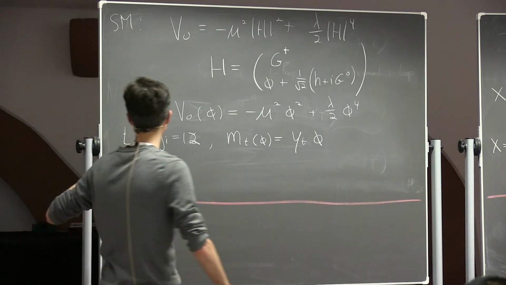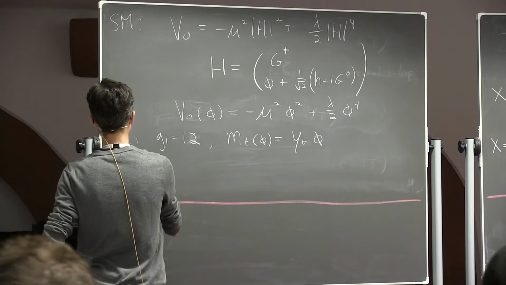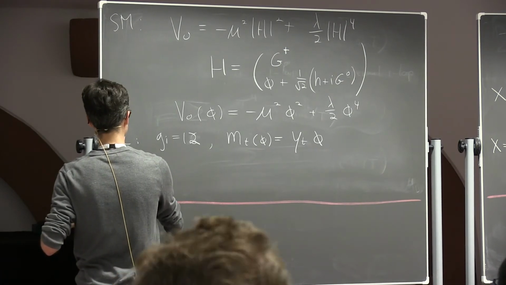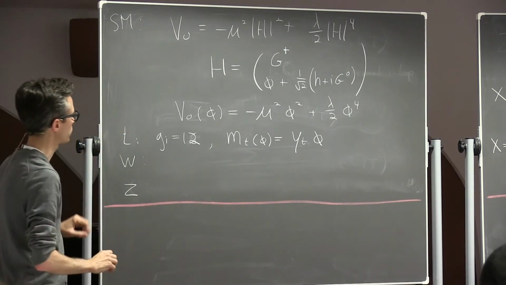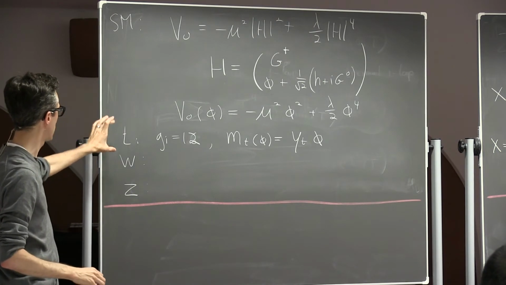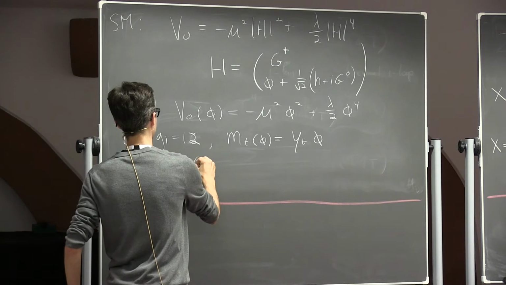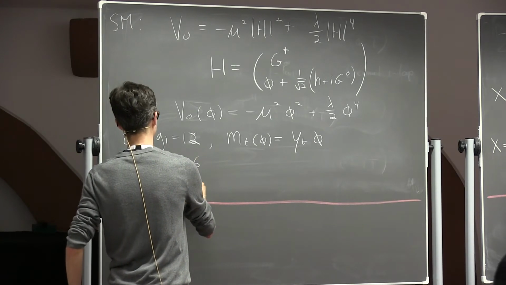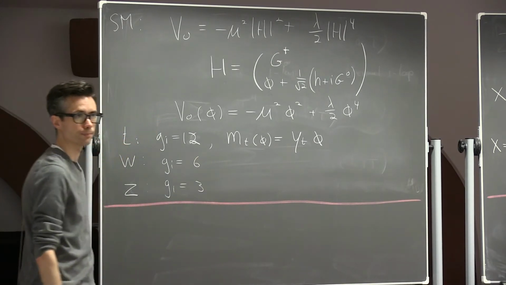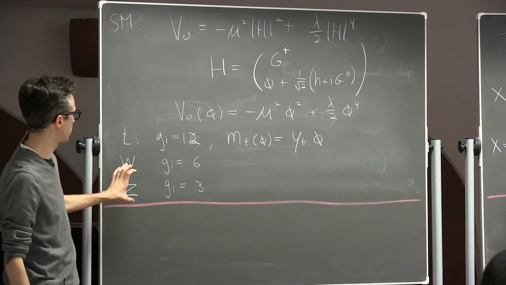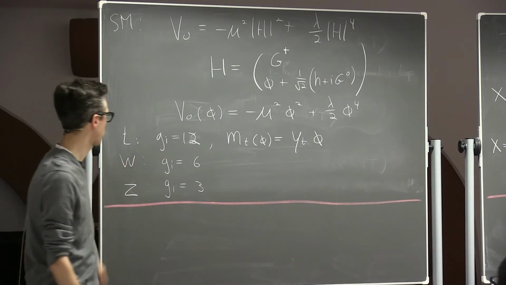Now I also have corrections from the W and the Z. And there are some others, but for now I'm just going to look at the top, W and Z. So the W has 6 degrees of freedom, and the Z effectively has 3 degrees of freedom. So implicitly, I'm including longitudinal polarizations in these.